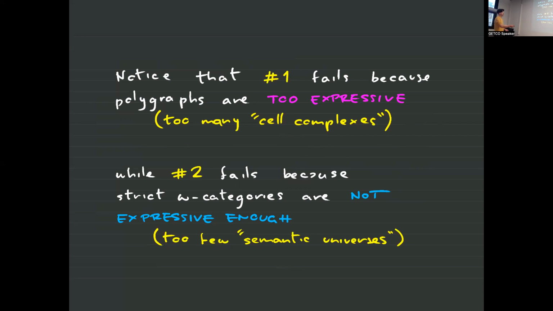Number 2 fails because the strict omega-categories that are used as the foundation for polygraphs are not expressive enough. There's too few. So there are too many syntactic objects, too few semantic objects.